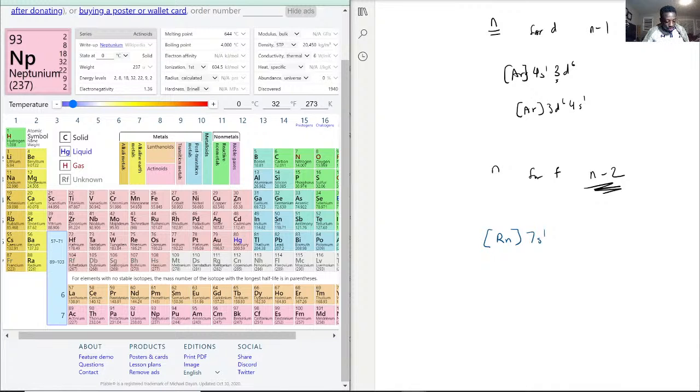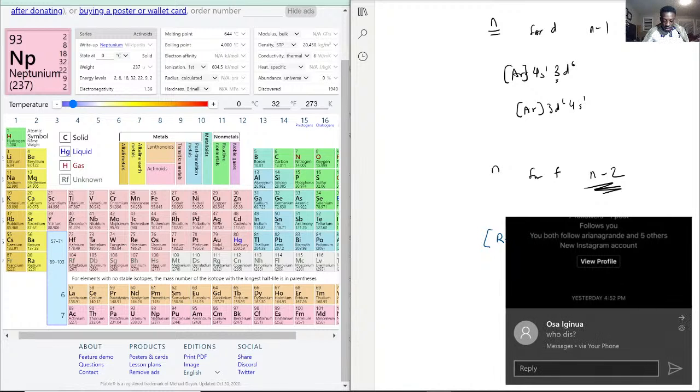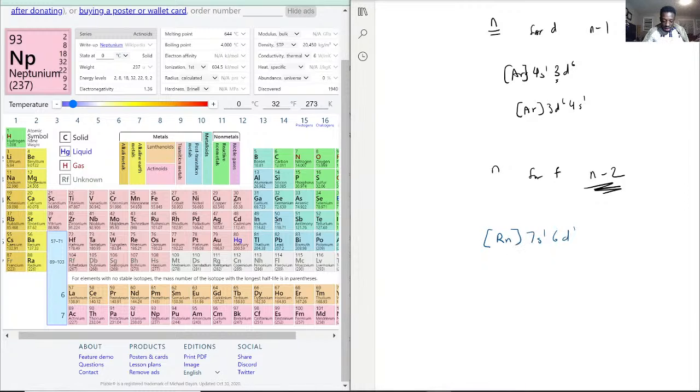So it's 1d, so that's subtract by 1, 6d1, and then 1 2 3, and 1 2 3, that's 5f3. There's probably a much nicer way to write this. 6d1, whoops, 7s1, and that's just an example. In terms of what they actually prefer, that one gets a little bit more complicated, but this would be the concept for this.